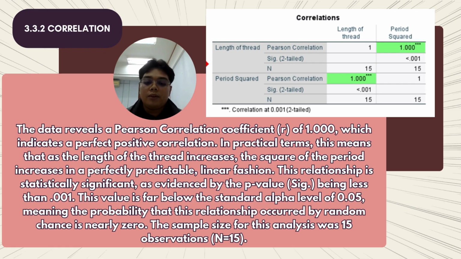This value is far below the standard alpha level of 0.05, meaning the probability that this relationship occurred by random chance is nearly zero. The sample size for this analysis was 15.